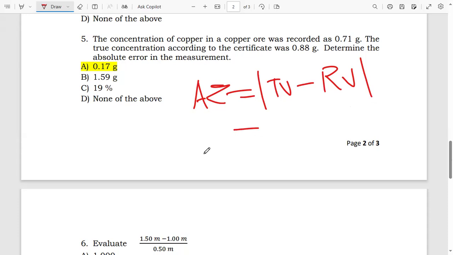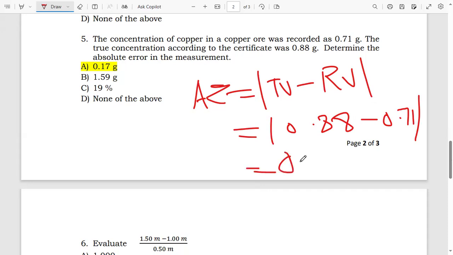So let's subtract. So we have modulus of the true value, which is 0.88 minus 0.71, then modulus. Okay. So you punch that into your calculator. What are you going to get? So 0.88 minus 0.71, I'm getting is 0.17.